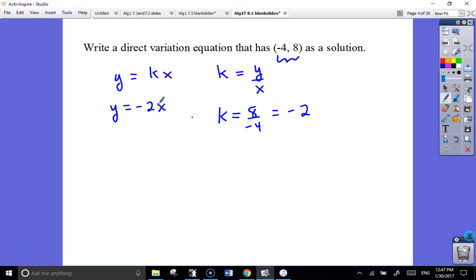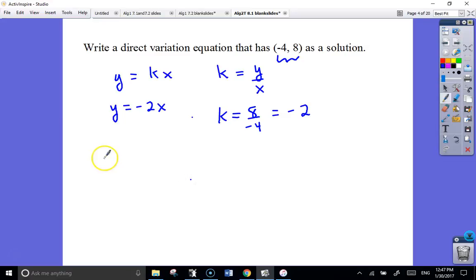Now, in Algebra 1, you did direct variations, and one of the main points was, what's the 1 point on the graph of every direct variation? Look at it like this.